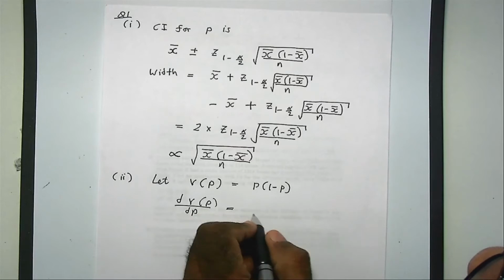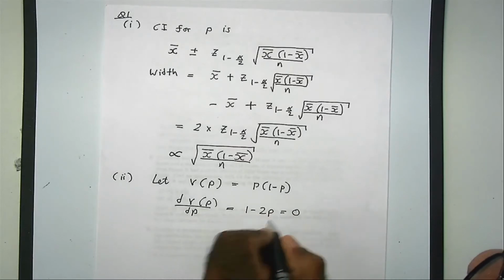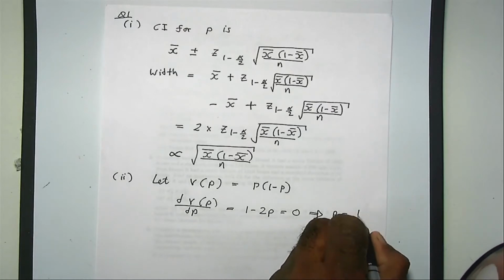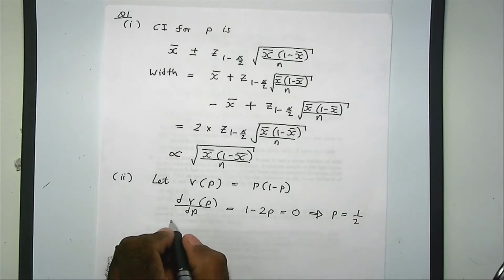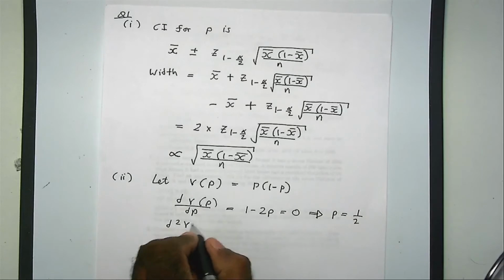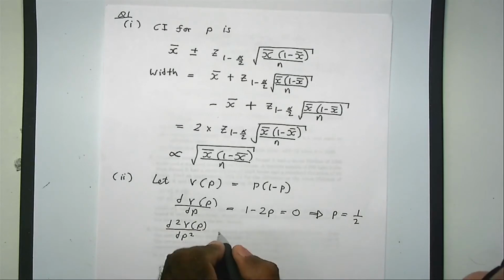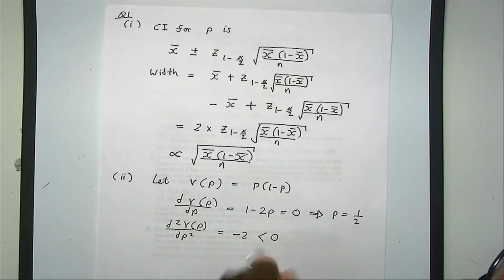That will give you 1 minus 2p. Set this to 0, solve for p, you get p equal to half. To check whether this is a global minimum or global maximum, you take the second order derivative, which is minus 2, which is less than 0.